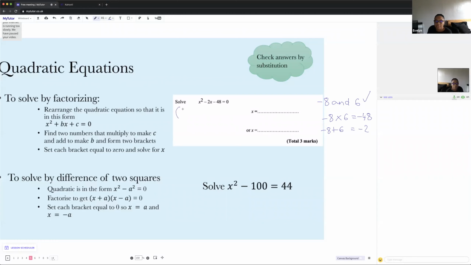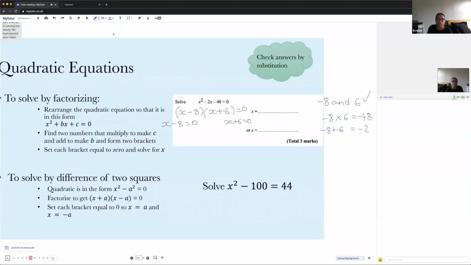Now remember, we put those numbers into the brackets. So we've got a -8, so we've got x minus 8, and then we've got a +6, so we've got x plus 6 equals 0. The next step is to put each of those brackets equal to 0. So we've got x minus 8 equals 0, and x plus 6 equals 0.